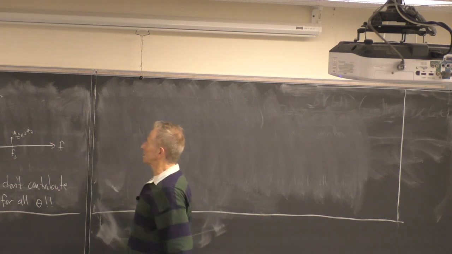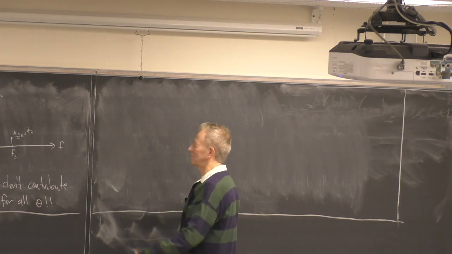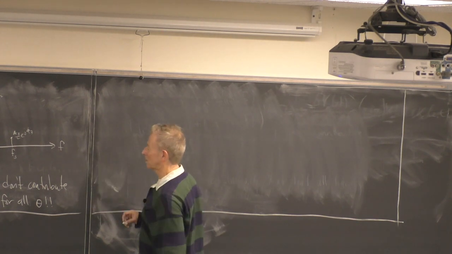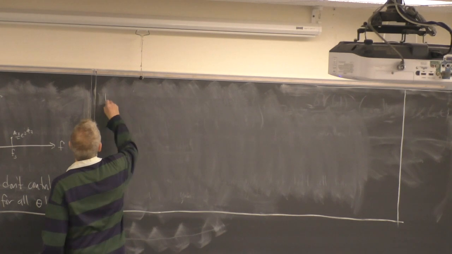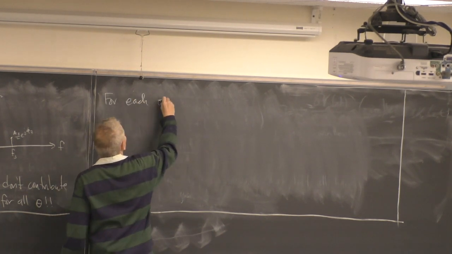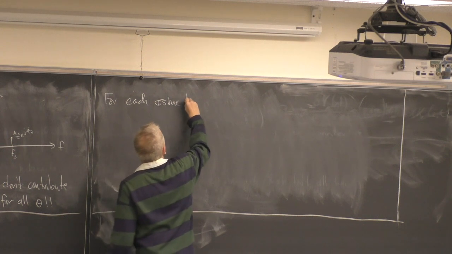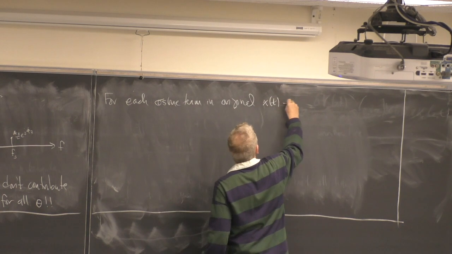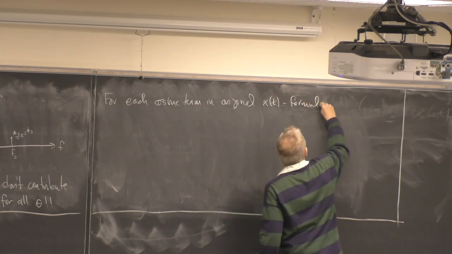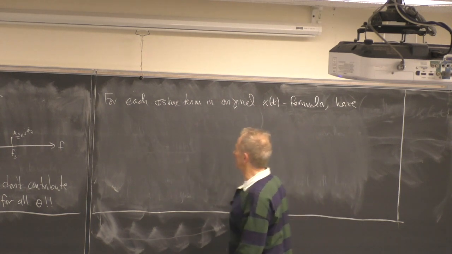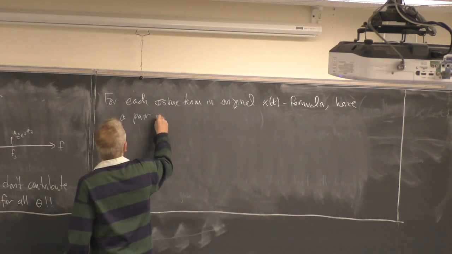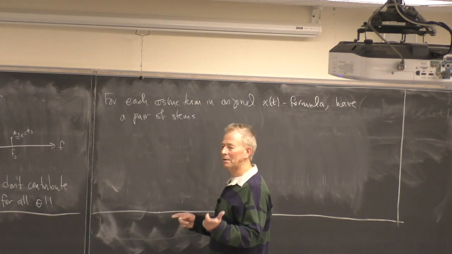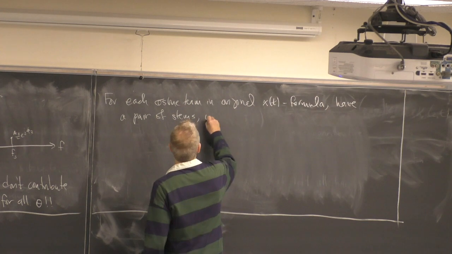Now this is the two-sided spectral representation of x of t, and you're going to have a pair of stems for each of the terms in the original signal x of t. So for each cosine term in the original x of t formula, you have a pair of stems. One of them is going to be at frequency fk, and one is at frequency minus fk.